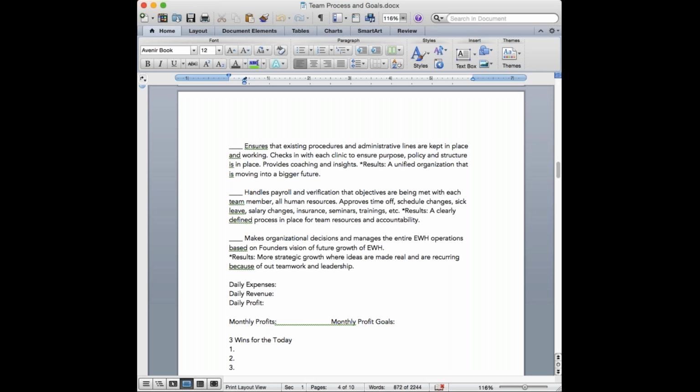You're going to be making a lot of organizational decisions that obviously should be moving towards your vision for your future growth of your clinic, of your enterprise, or whatever you're trying to create. The result of that's going to be more strategic growth, where ideas are made real, they're reoccurring because you have teamwork and leadership out of that.